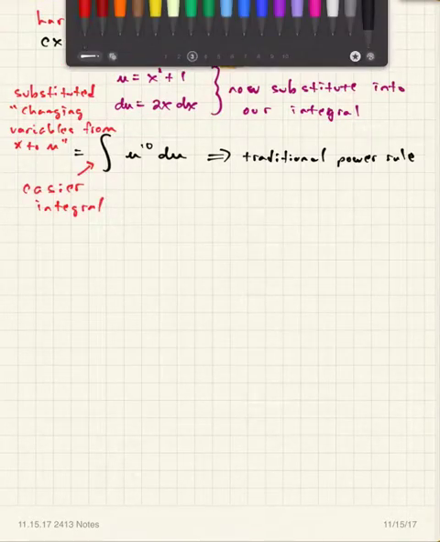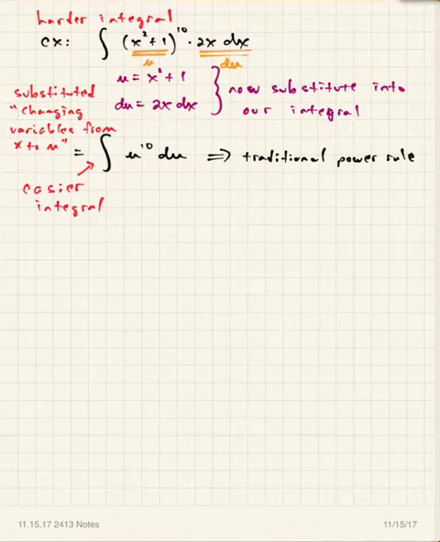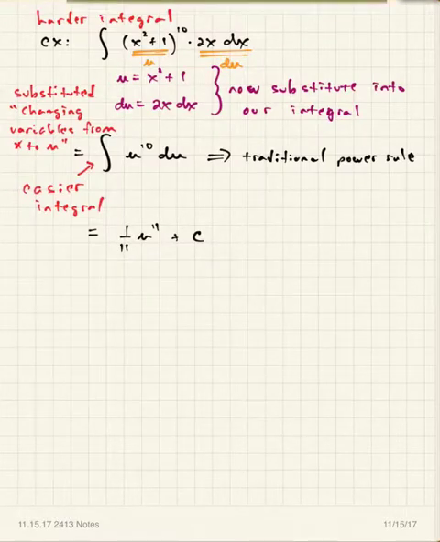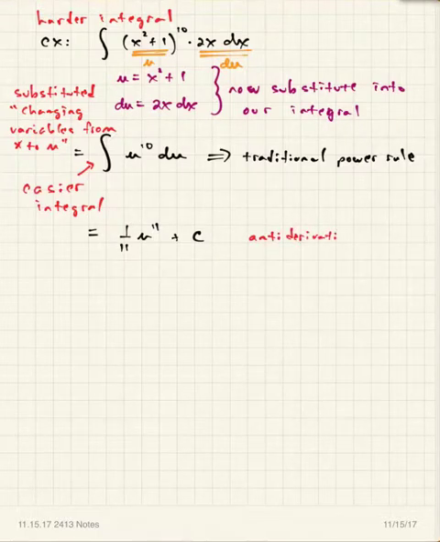The antiderivative for this one is easy to write down since that's just a direct application of the power rule. And that would be u to the 10th. I'm sorry, whoops, u to the 11th, that's better. And then 1 over 11 in the front, and then plus an arbitrary constant. Now the problem here at the end is that the antiderivative has the wrong variable in it.